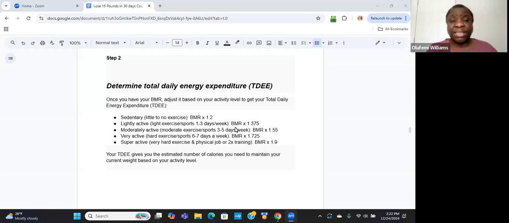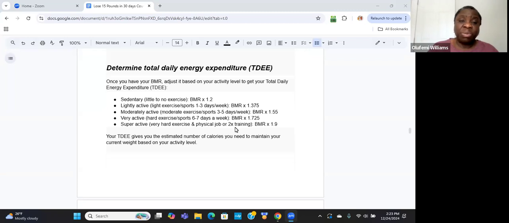Those who do light exercise, maybe 1 to 3 days a week, multiply their BMR by 1.375. Moderately active, BMR times 1.55. Very active, multiply your BMR by 1.725. And those who are super active multiply their BMR by 1.9.